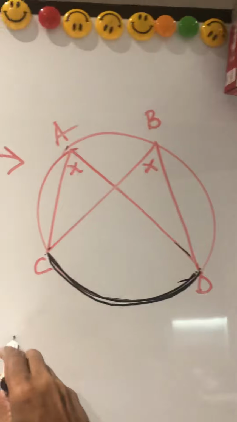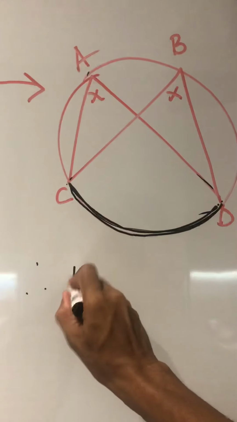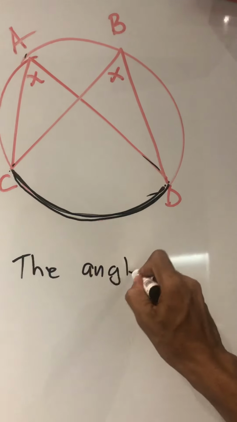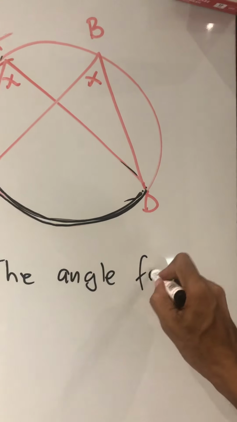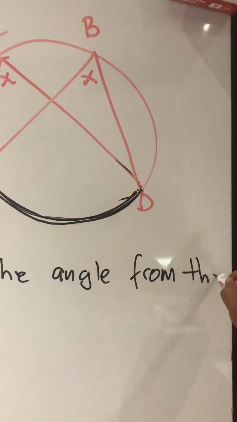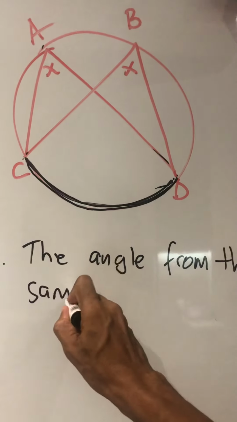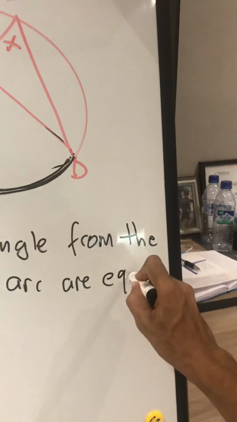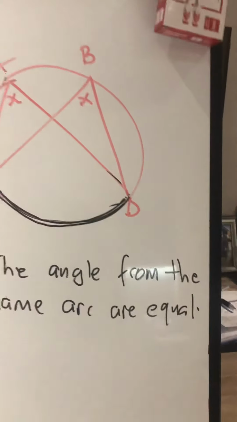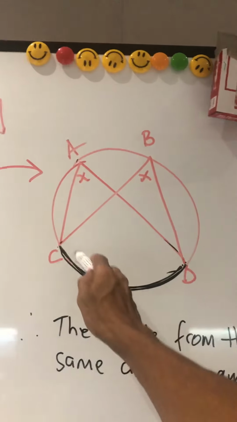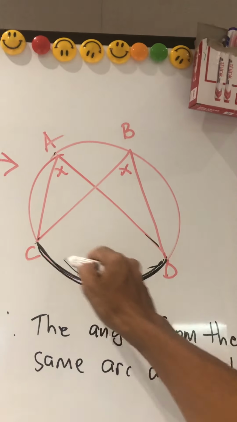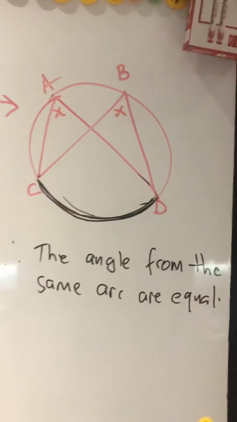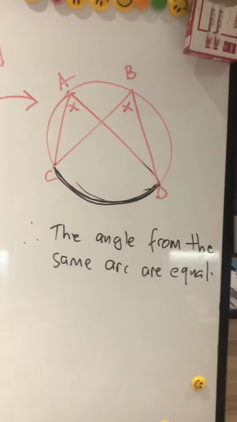So we can say, therefore, the angles from the same arc are equal. All right? So that's as simple as that. The angles from the same arc are equal.